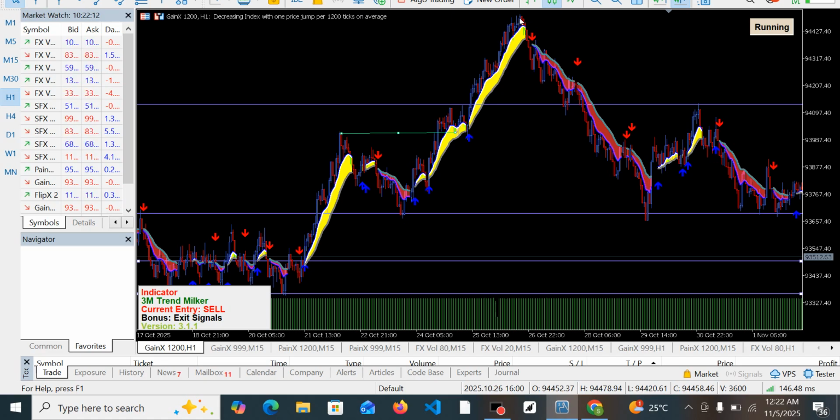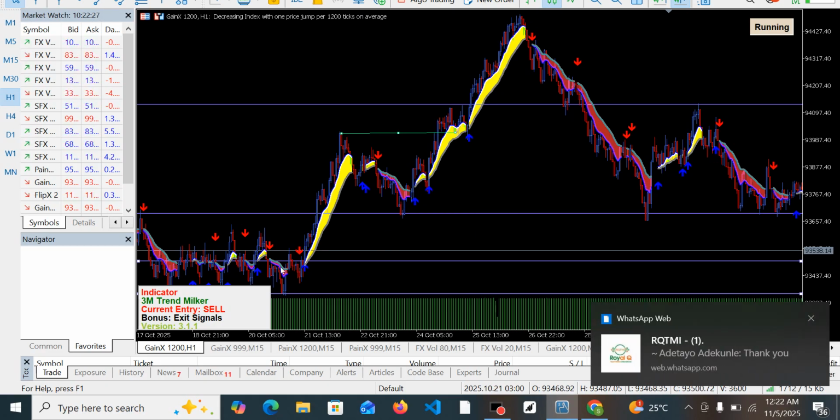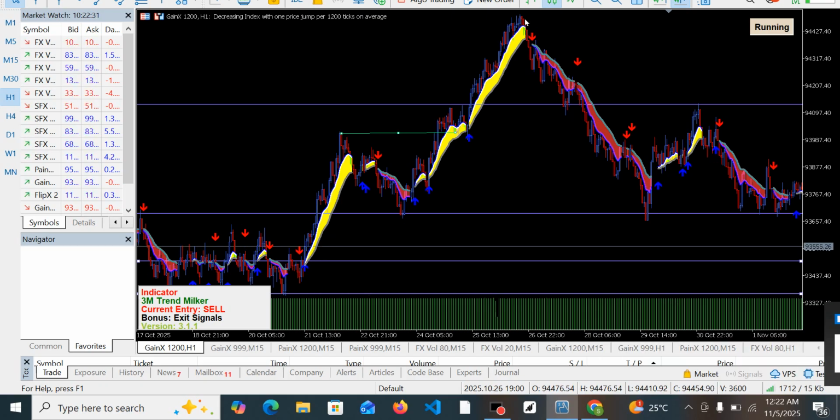And of course it bought more till it got to this region. So that is the beautiful part of it. Even if you missed our entry point around there, you can easily come in around there, or you add more entries to make it two entries, and this will give you an opportunity to trade for a very long time. It is as simple as that. You don't even need to stress yourself.